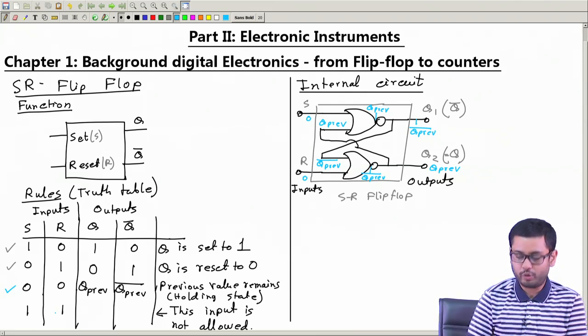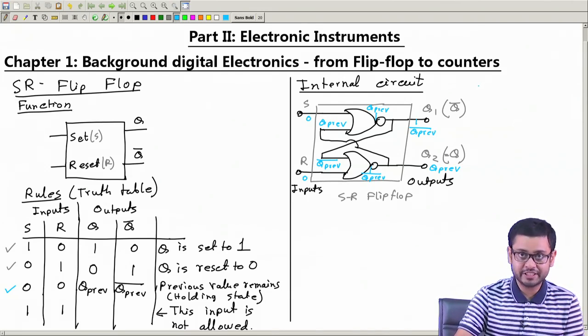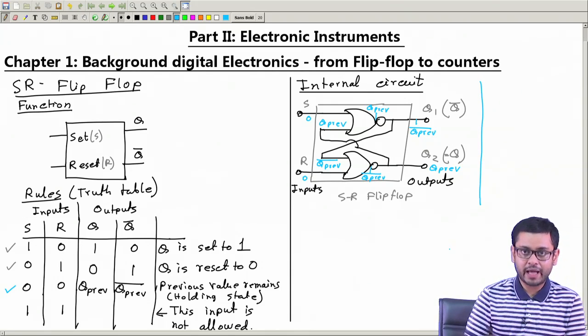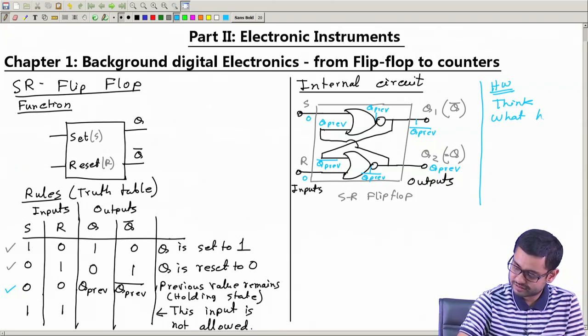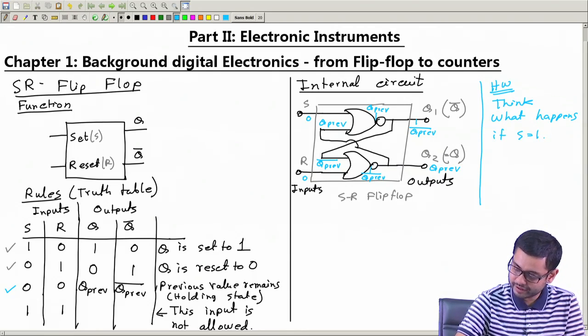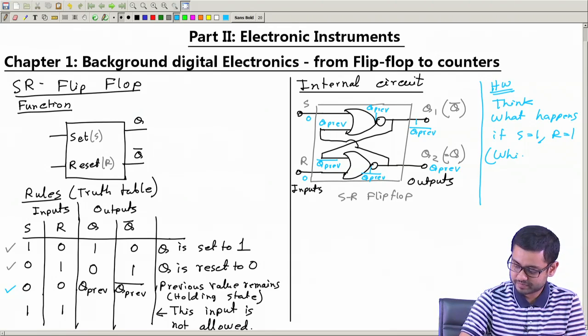I keep it as a homework. You think yourself, it will be fun. If you think something yourself, this will be more fun than me telling you everything. So, homework, think what happens if S equal to 1 and R equal to 1, which is not allowed.